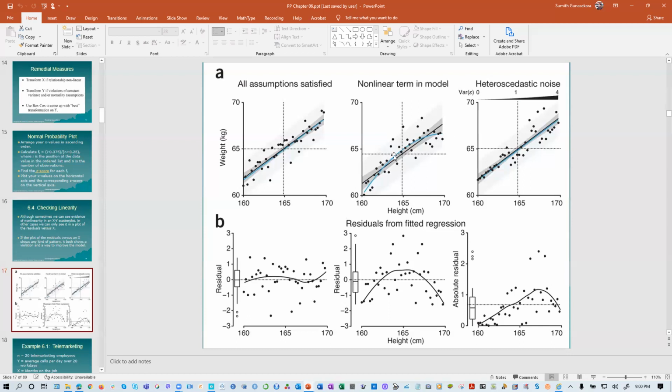If you see this kind of rising up and going down, that definitely means there's a massive violation of these assumptions. When they are violated, you have to remedy them.